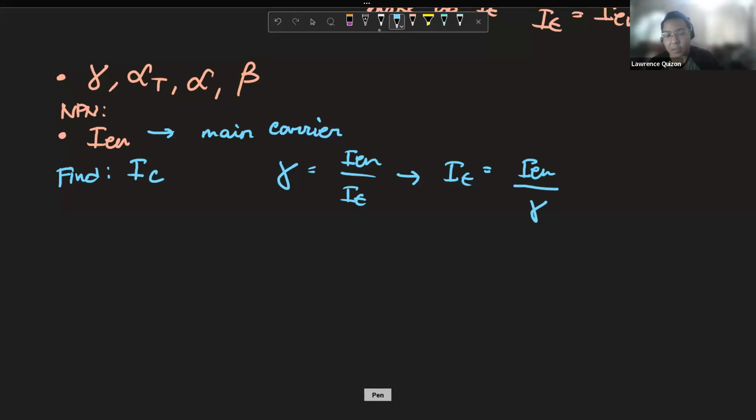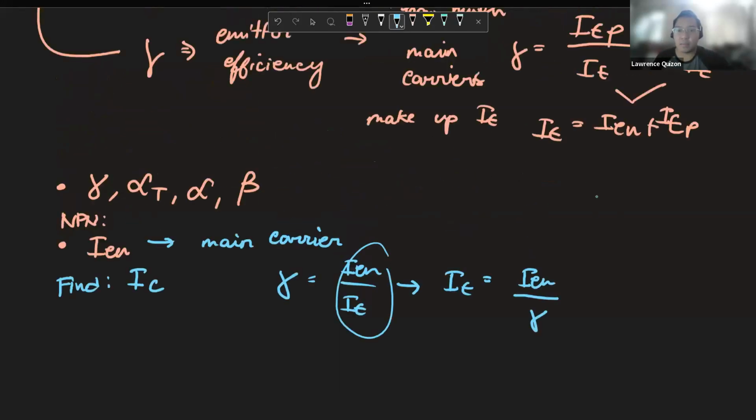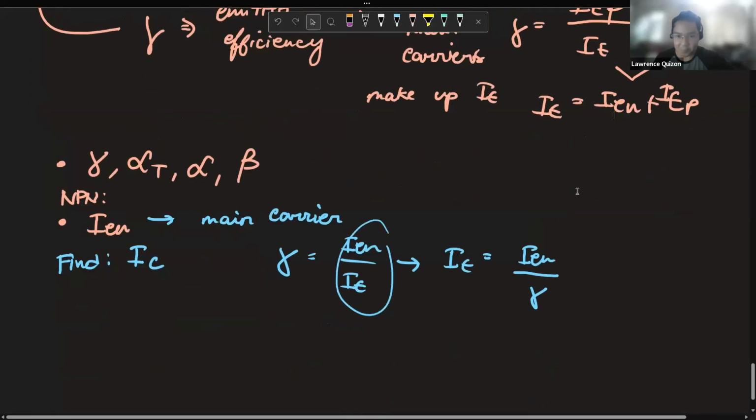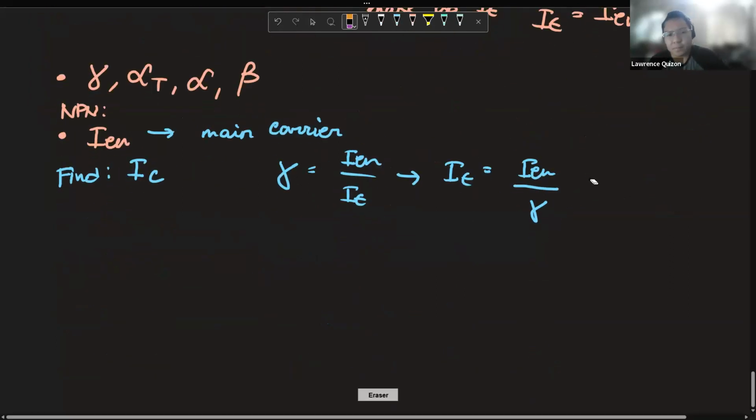Since IEN over gamma is IE, let's use alpha as well, because alpha connects IC with IE, di ba?